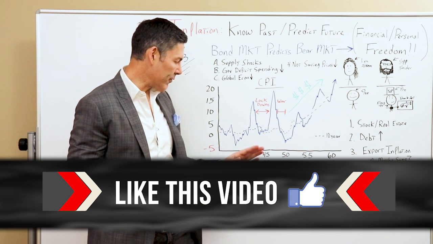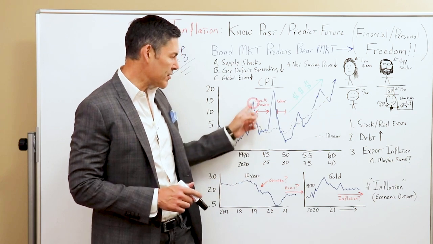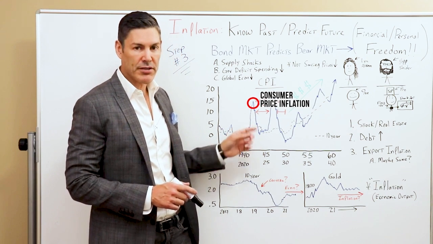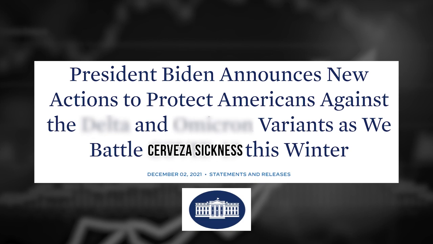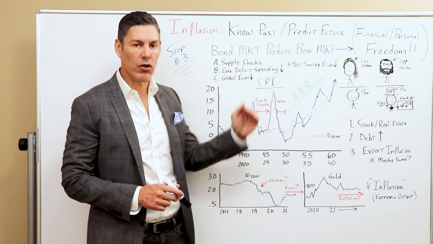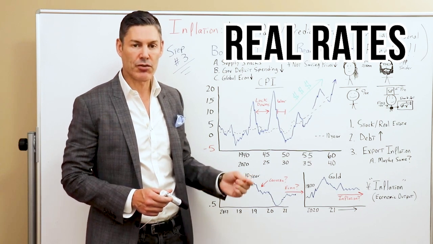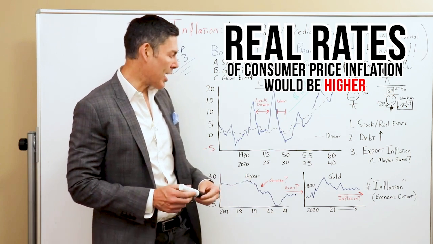So it starts off with this big inflation spike, consumer price inflation, because of the government's response to the sickness in 2020 and 2021. We know that the CPI has gone all the way up to mid 6%, and that's as measured by the government. So real rates of consumer price inflation would be much higher.